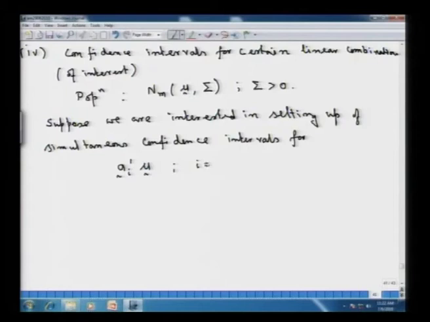This i is for 1, 2 up to p, where this p is less than or equal to m, say. So, we have p such linear combinations a i prime mu, and these are linear combinations of the parameters.